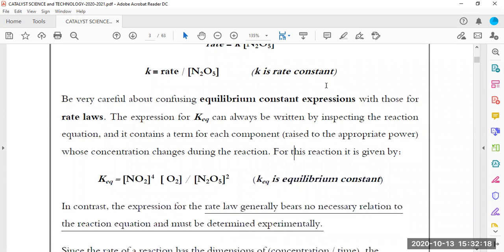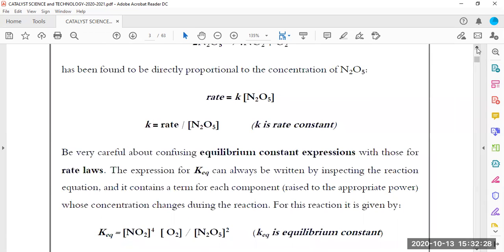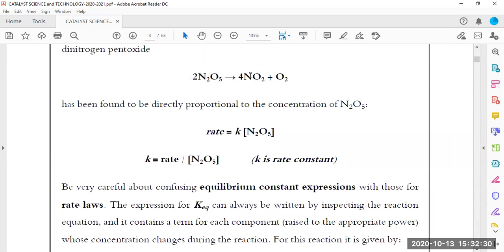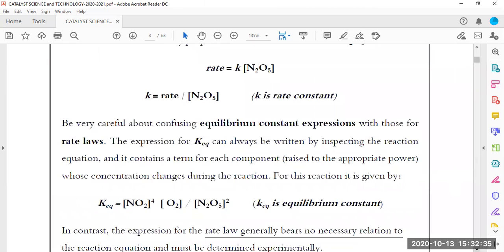For example, in this one, K equilibrium equals the concentration of NO2 to the power 4, because the coefficient here is 4, times O2, divided by N2O5.